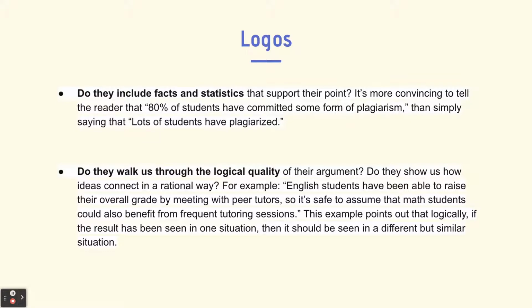The next one is, are you walking someone through maybe how logical your argument is? Are you showing somebody how one idea connects to another? Here's the example. English students have been able to raise their overall grade by meeting with peer tutors. So it's safe to assume that math students could also benefit from frequent tutoring sessions.